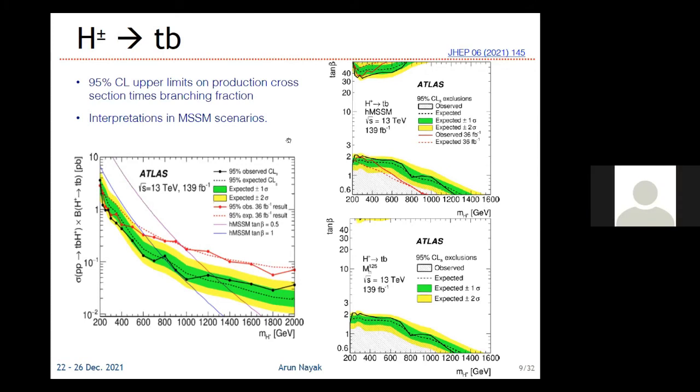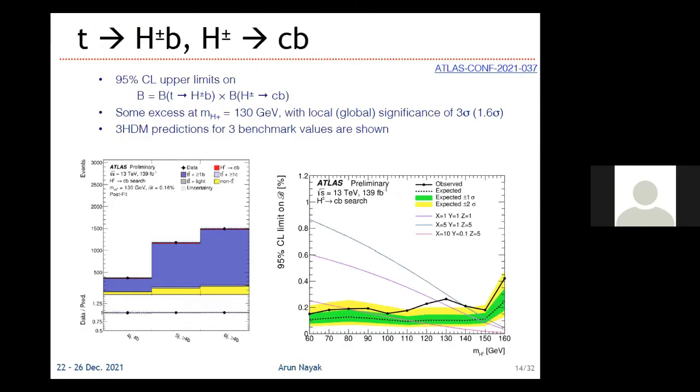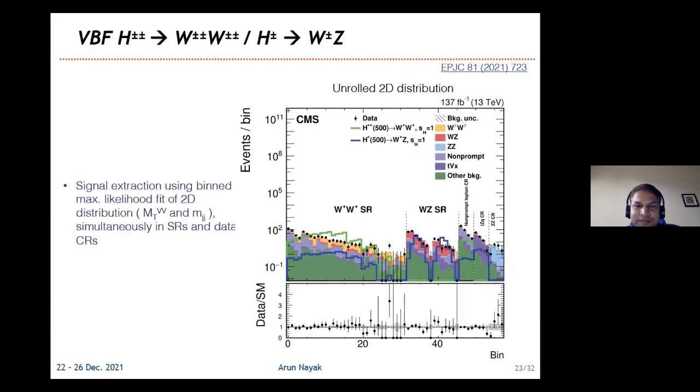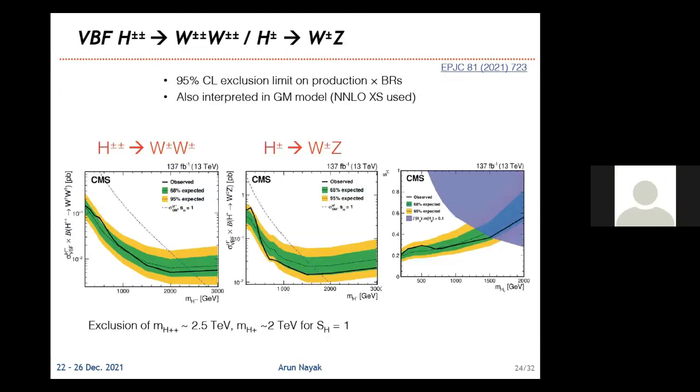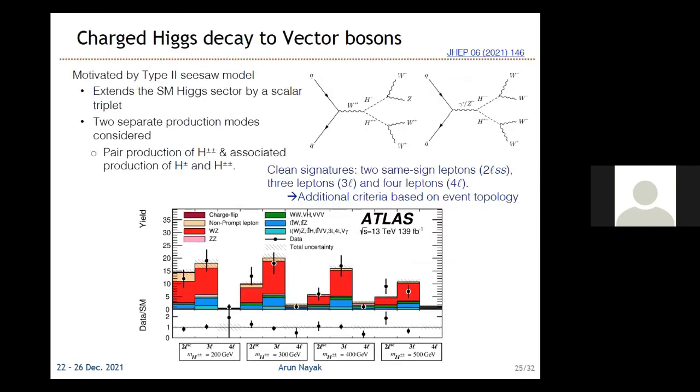Okay. And one more question I had, Arun, for you was for the lepton channels, H plus going to W plus, those kinds of searches. There one has still rather small masses of the H plus, no? When we look at vector boson fusion, going to the L plus, you had this L plus structure.